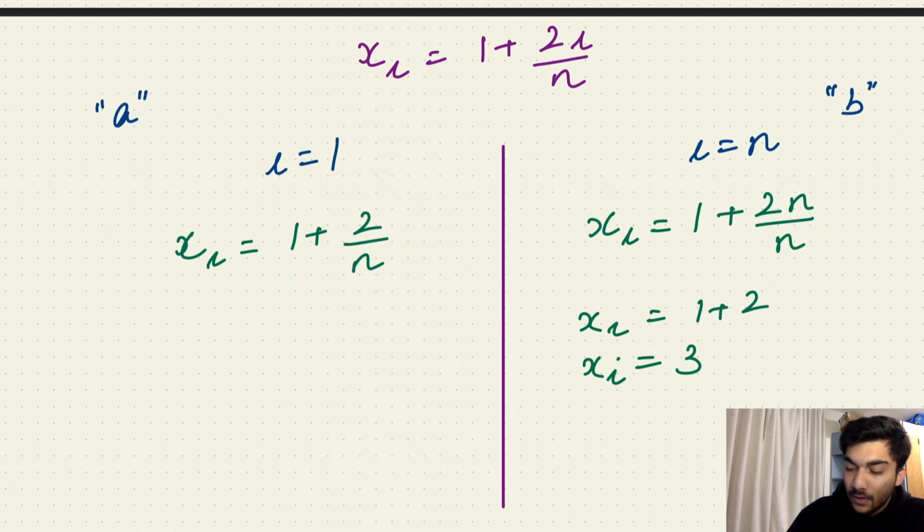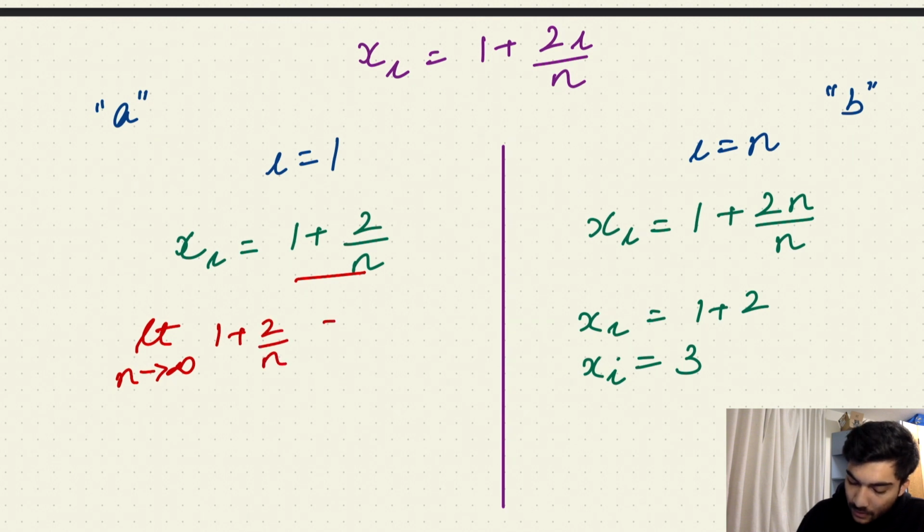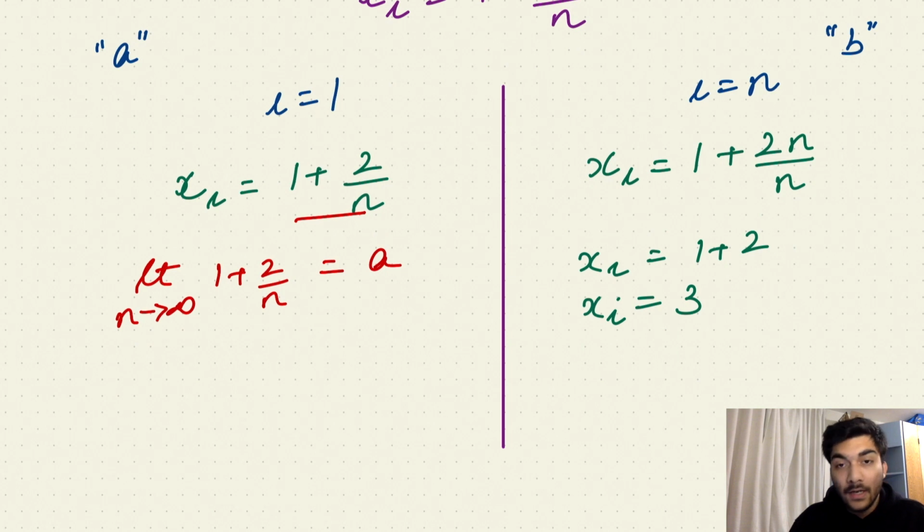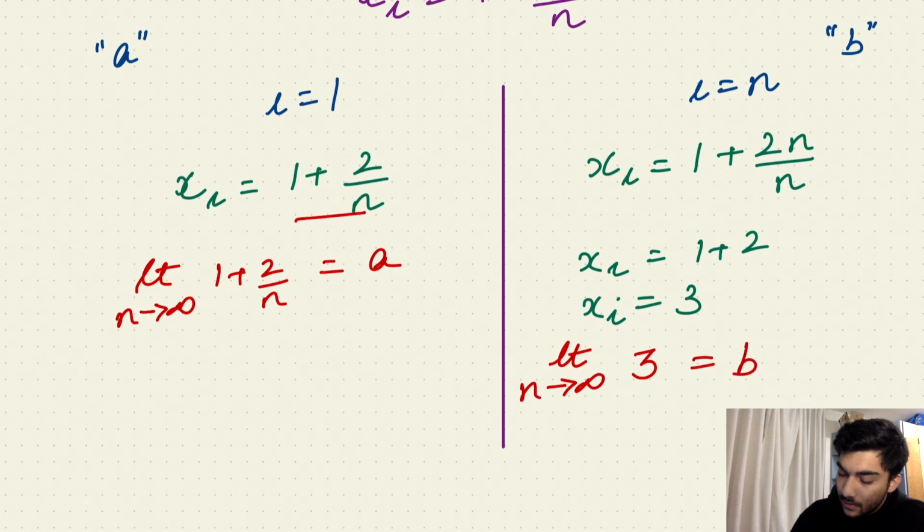And now in order to solve for a and b, I have to take the limit n goes to infinity of this expression, 1 plus 2 by n. This will give me my a. And on this side, if I have to calculate my value of b, I'll take limit n tends to infinity of 3, and this would give me my b.